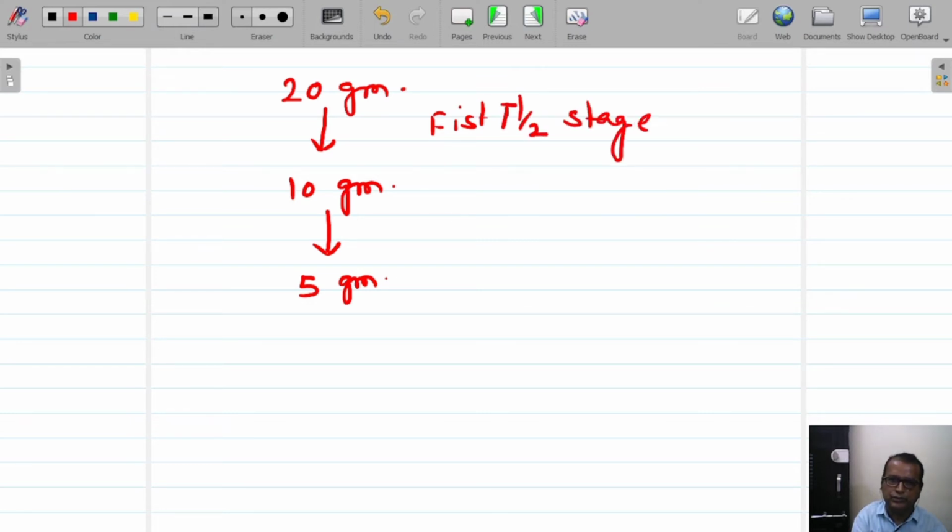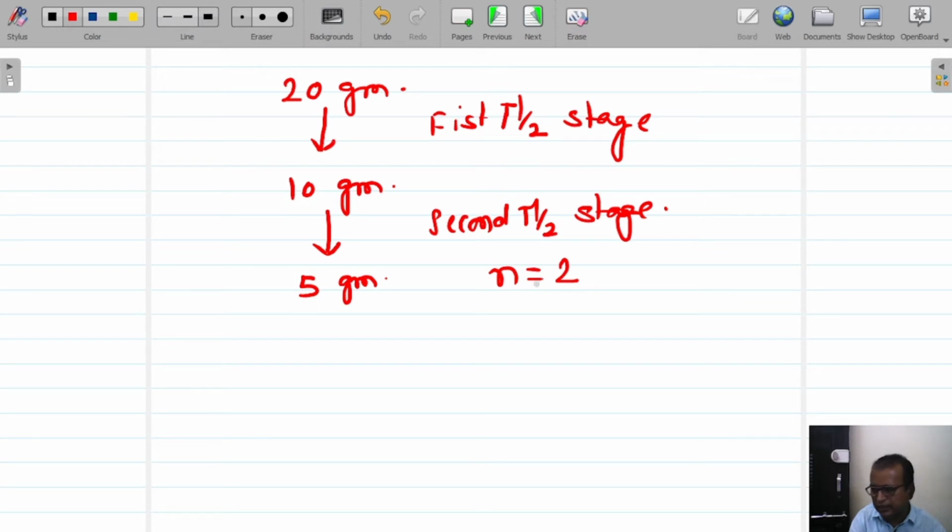It is our first T half stage and our second T half stage. It means that your N value is 2. Two half-life stages are there.